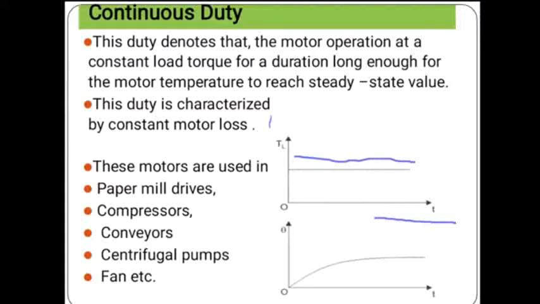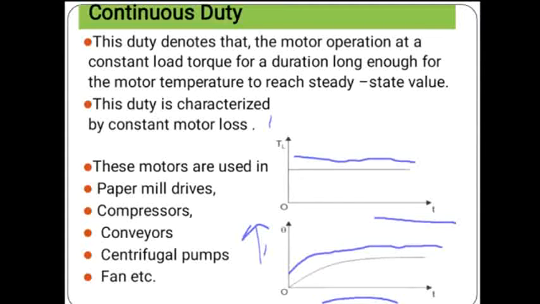In the next graph, the plot between temperature and time, you can see the temperature rises gradually and after some time it goes to the steady state value. So according to this duty cycle, the motor operates for the whole time period. That means the operation time period of the motor is continuous. So for that it is called continuous duty.